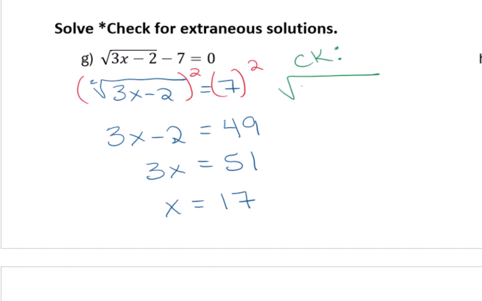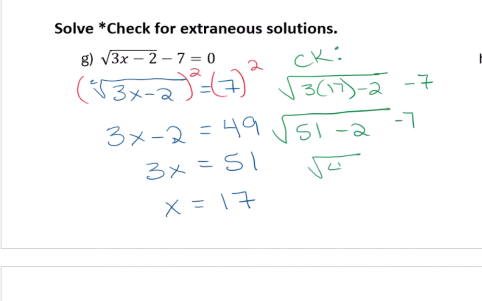If we put in 3 times 17 minus 2 under the radical, and that minus 7 is outside the radical, be sure that you are intentional with your writing and you don't accidentally write things outside of the radical or inside of the radical when they're not supposed to be. And then we get 7 minus 7, which does in fact equal 0, so it checks.